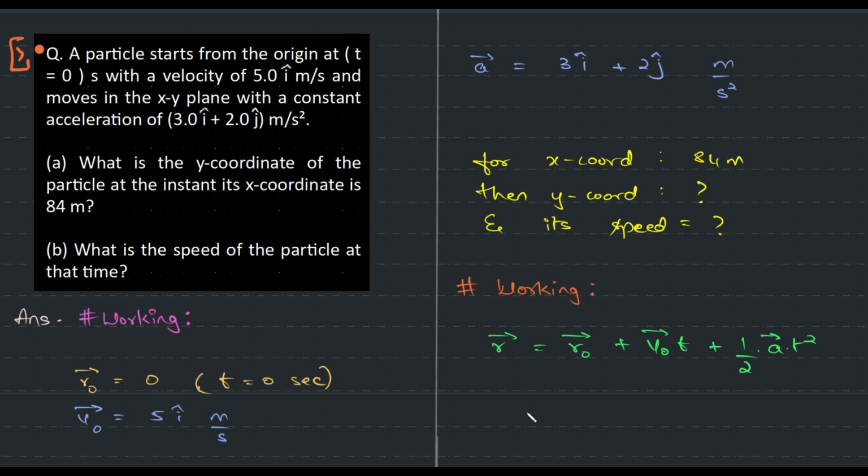Here r naught is 0, and we have v naught as 5t i cap, and 3 by 2 i cap, and 1 j cap, entire thing times t square. This is a general expression.